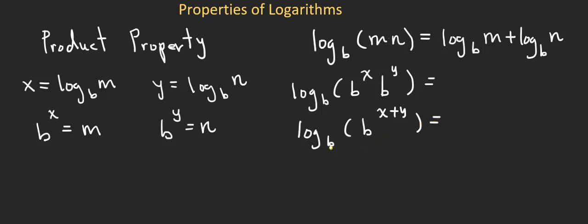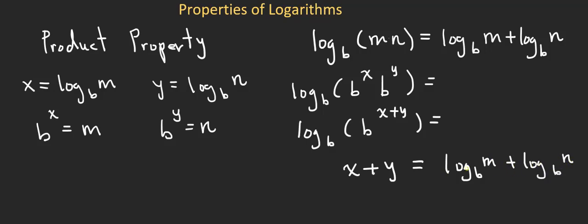So what happens now? You have b and b, that cancels out, so you end up getting x plus y. Using substitution again, what is your x? x is log base b of m. What was your y? Log base b of n. So that's why these two are equivalent.